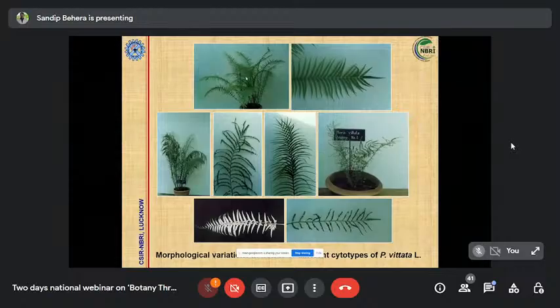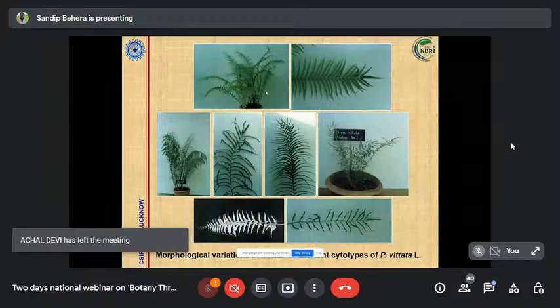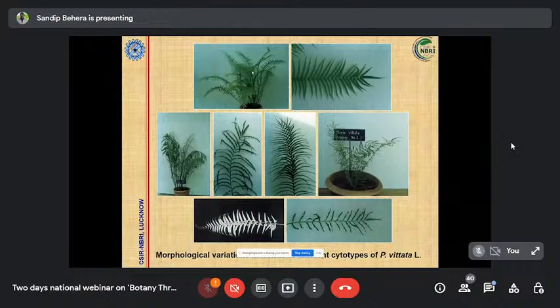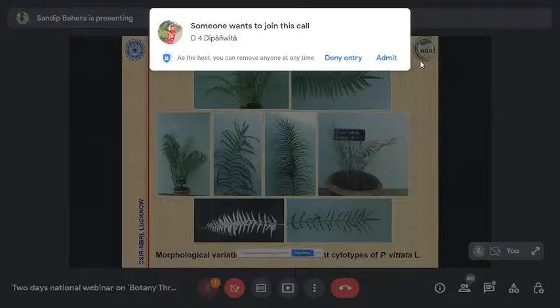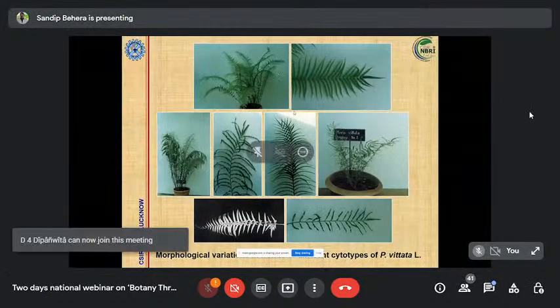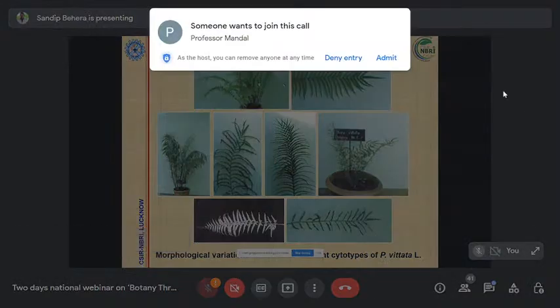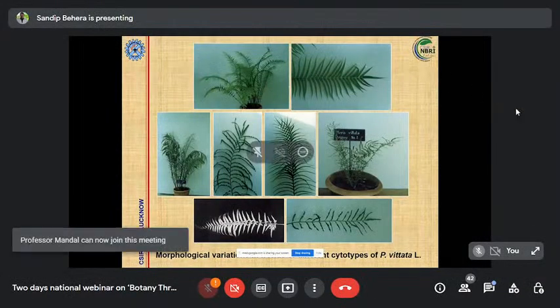Now, different variations are found because in nature, due to natural mutation, different types of variation are also found, for example, in Pteris vittata. Different types of cytotypes are there. Diploid up to pentaploid we find in Pteris vittata.